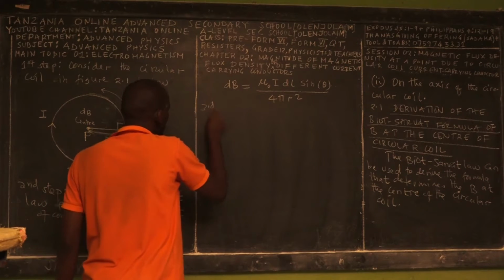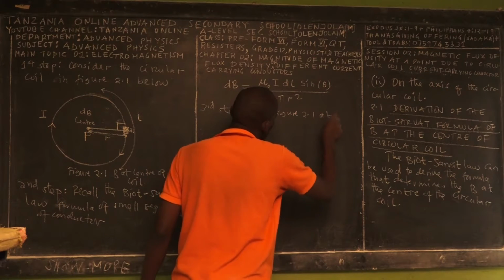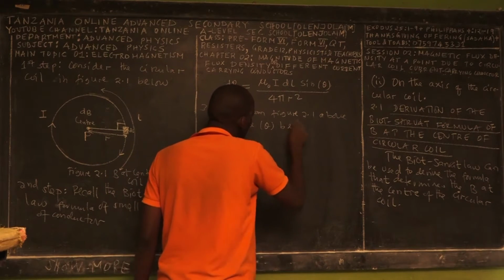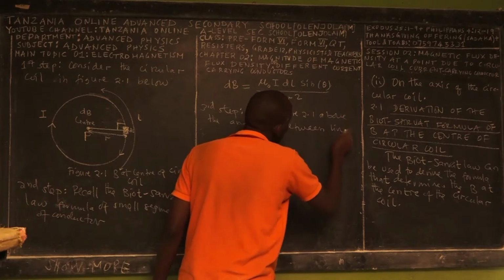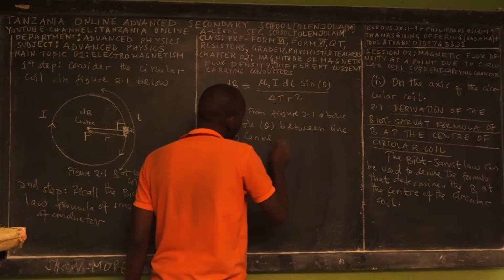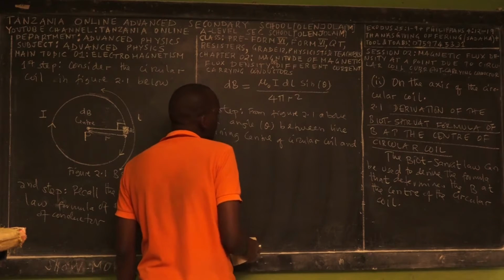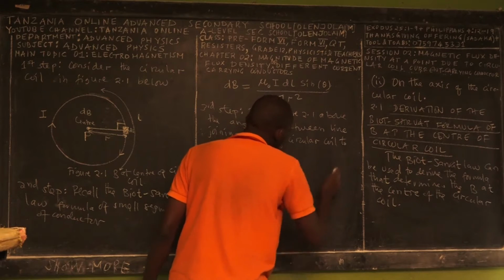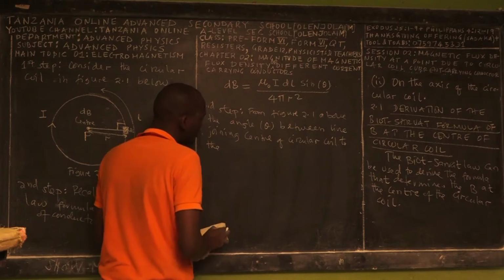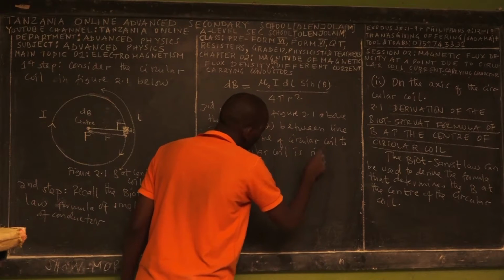Then we go to the next step. From figure 2.1 above, the angle theta between the line joining the center of the circular coil to the coil is a right angle, as I have shown there.